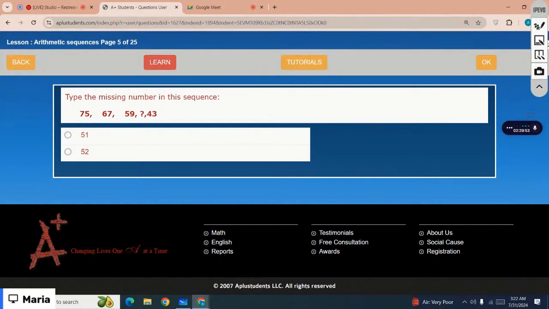Type the missing number in the sequence 75, 67, 59, the missing number and 43. So which number is missing?